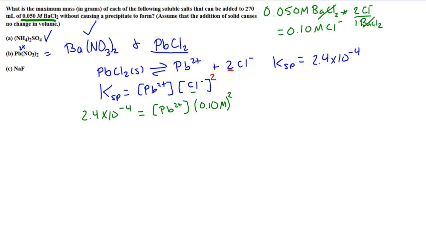All right, so I'm going to bring that over to this side and divide by it. 0.10 molar, don't forget to square it. So 2.4 times 10 to the negative 4th divided by 0.10 molar squared gives us a concentration of lead ion of 0.024.